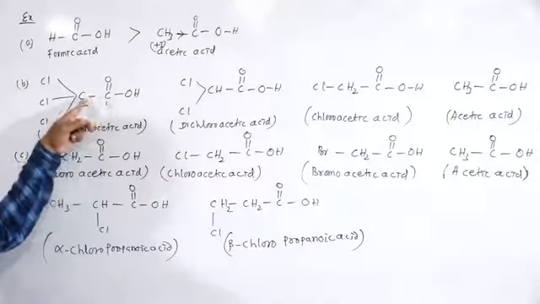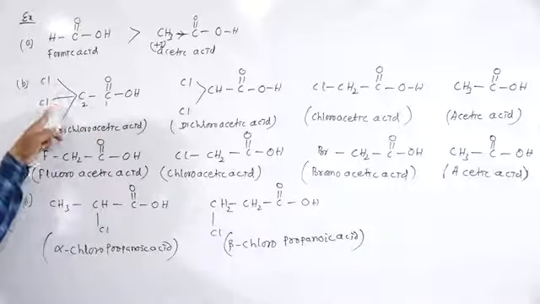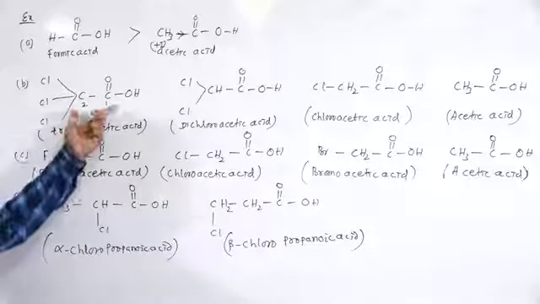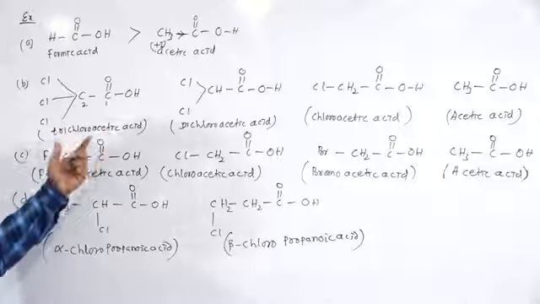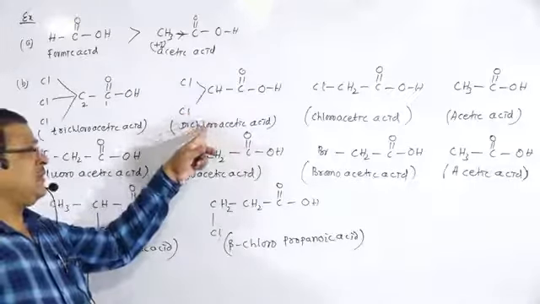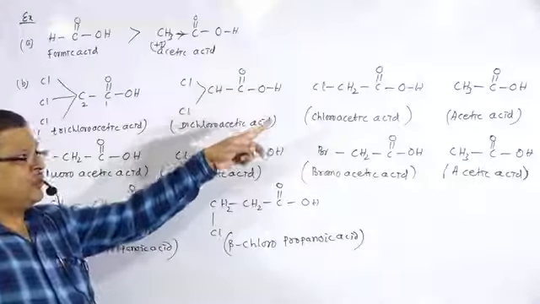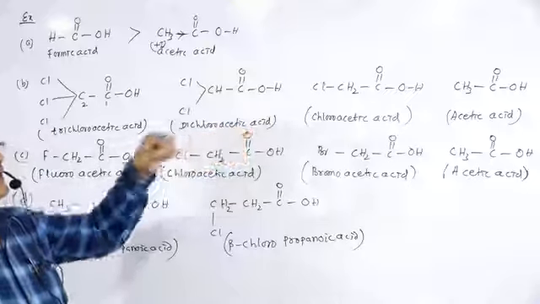You will take the IUPAC name of this compound, that is 2,2,2 trichloroethanoic acid, that is trichloroacetic acid, common name. Then 2,2 dichloroethanoic acid, that is dichloroacetic acid, then chloroacetic acid, then your acetic acid.